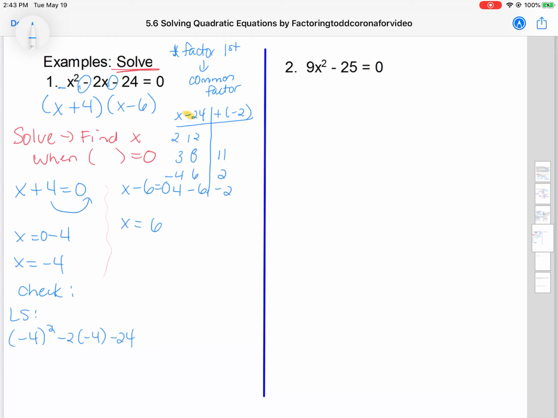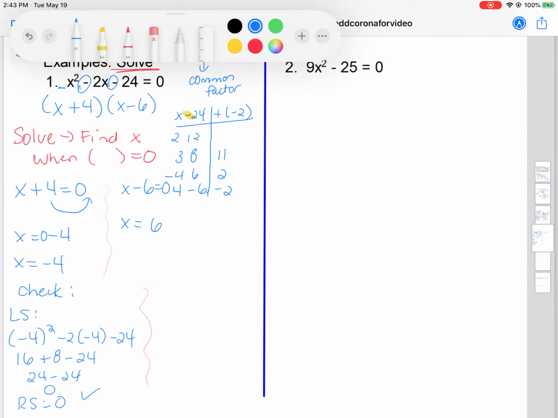Again, remembering that when you do negative 4 squared, you want to get a positive answer, so it should be 16. Okay, not negative 16. So 24 minus 24 is 0, which is the right side, so we're good.